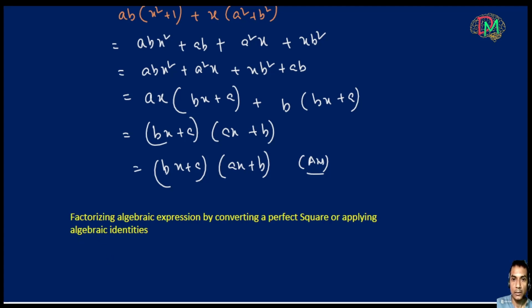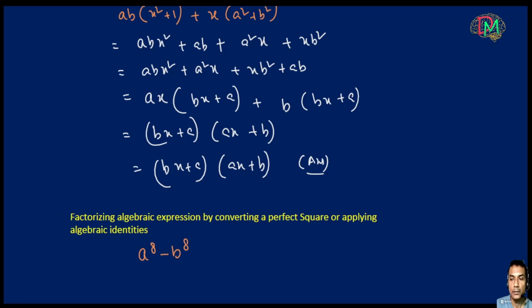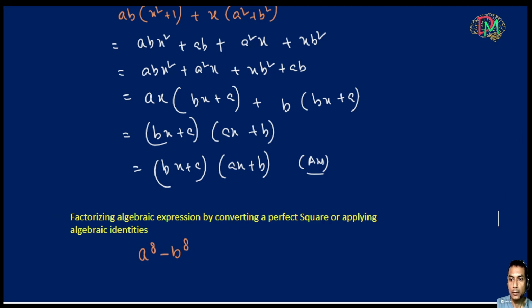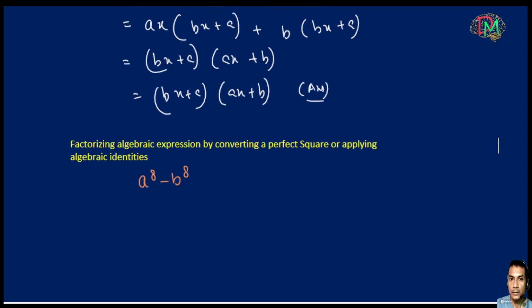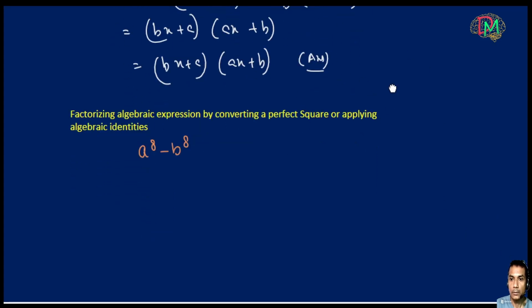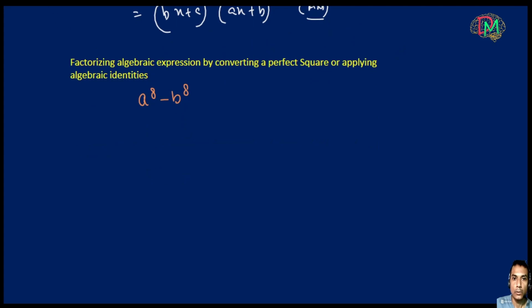Okay, how can I do that? For example, suppose the question given is a to the power 8 minus b to the power 8. How can you do that? Let's solve it. So what algebraic identity can we apply?